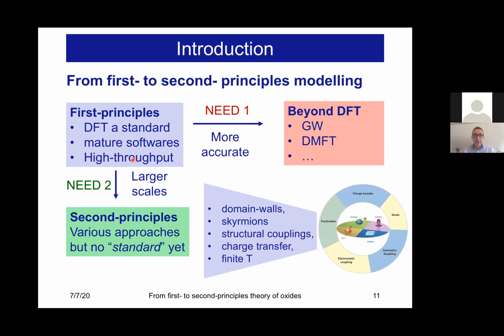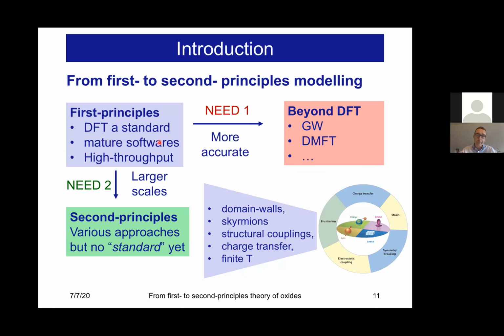So just to summarize here, to give you a flavor, at the first principle level, DFT has become a standard. It has now mature software. And when I compare to what was happening in the 90s, for instance, when I started my PhD thesis, there was more or less one code in each lab, and it was a homemade code that was developed locally. Now people have defined standards.